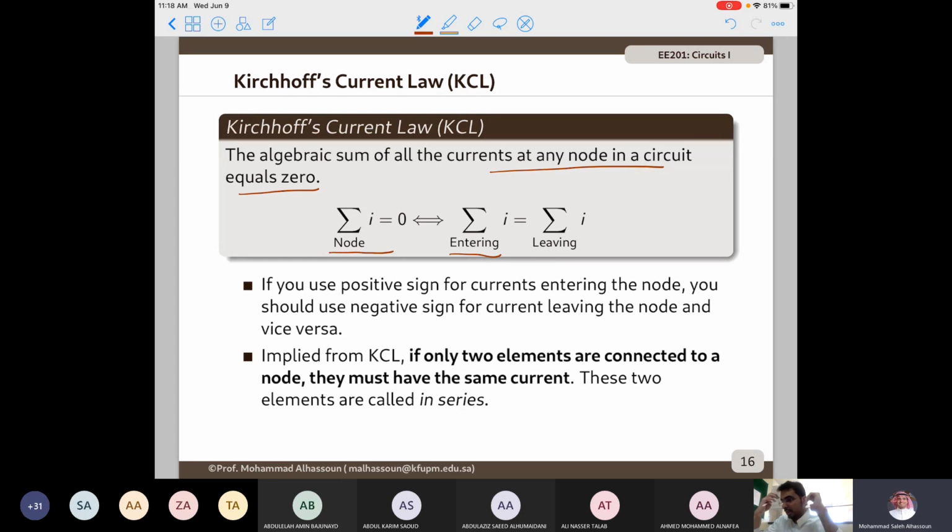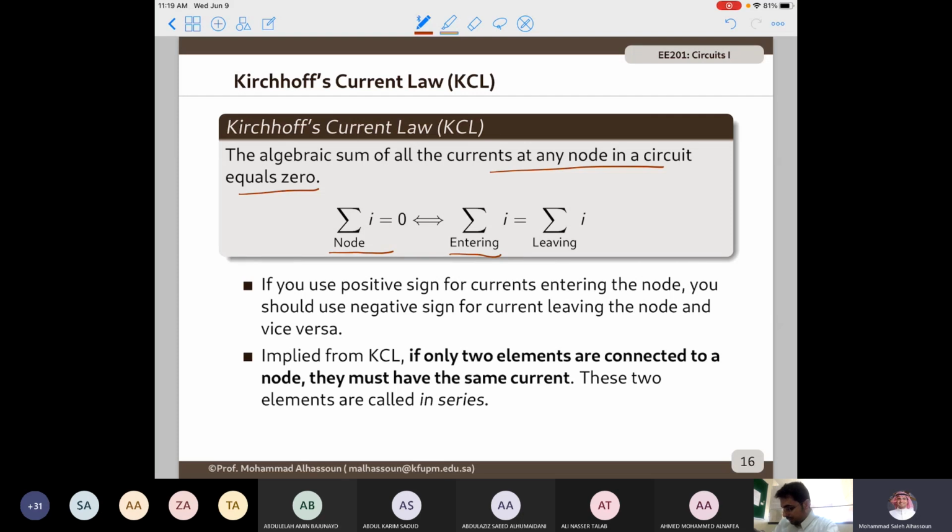So think about it this way. Current is related to charges, right? Charges are conserved. If you have charges entering a node, then those charges must be leaving that node, exactly the same amount of charges.